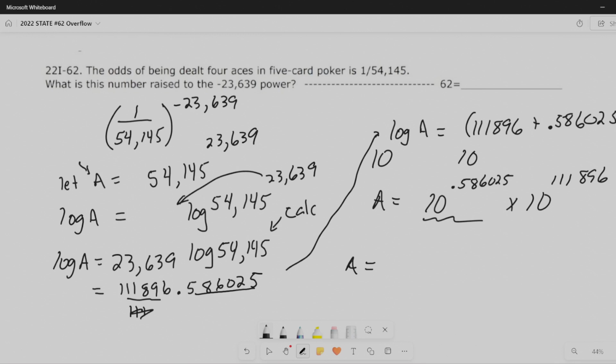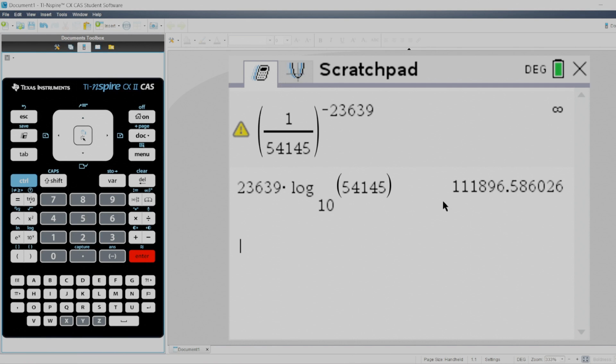So let's go ahead and do that. 10 raised to that decimal part. So let's do it. It's going to be 10 raised to the 0.5866026. And we have 3.86 for 3 significant digits.